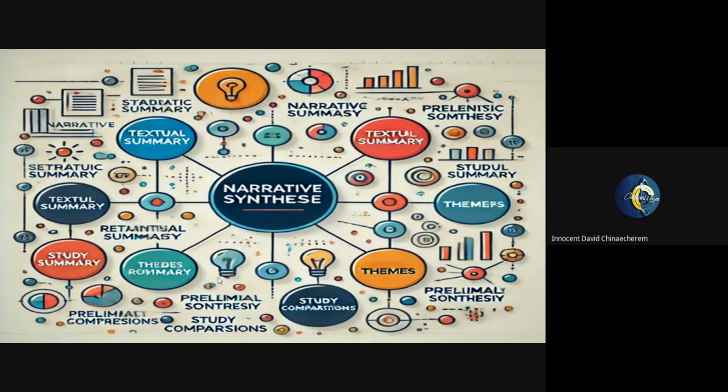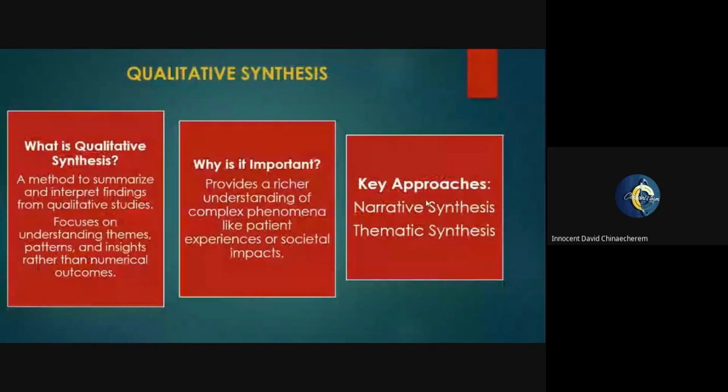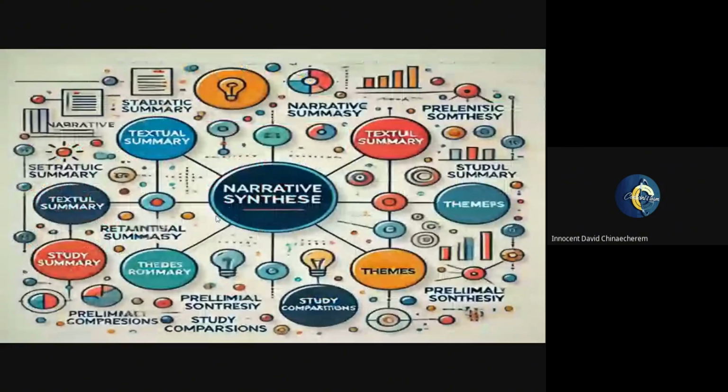This image was generated for a brighter understanding of what narrative synthesis looks like. We take all these pinches, merge them together, and come up with a richer picture. Remember that we said qualitative synthesis provides a richer understanding of a complex phenomenon. So some of what you're seeing here could be the word complex dots. We merge them together and have our richer picture.